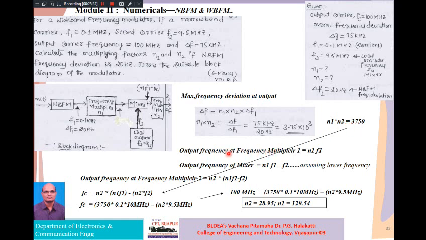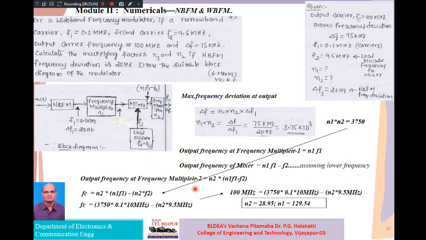Now we can see the output carrier frequency at the multiplier 1. Okay, output carrier frequency at the multiplier 1, that is N1 times F1. Output of multiplier 1 is nothing but N1 times F1. Output of mixer, what you are getting, that is N1 F1 minus F2, okay, minus F2 or plus F2.